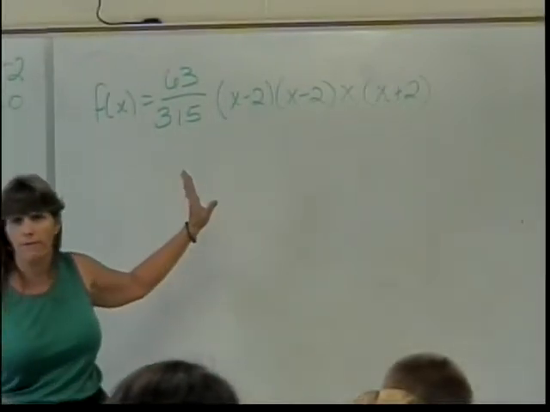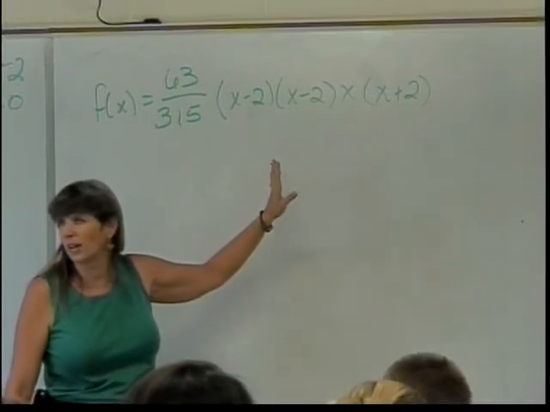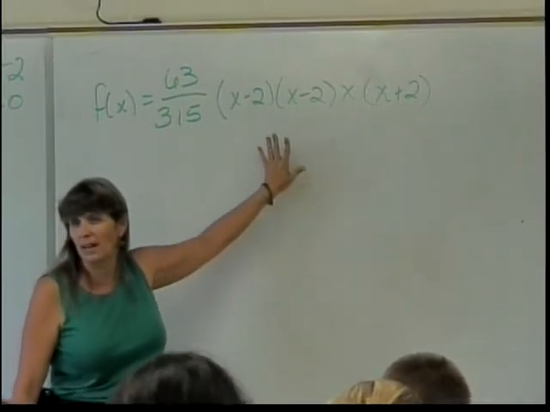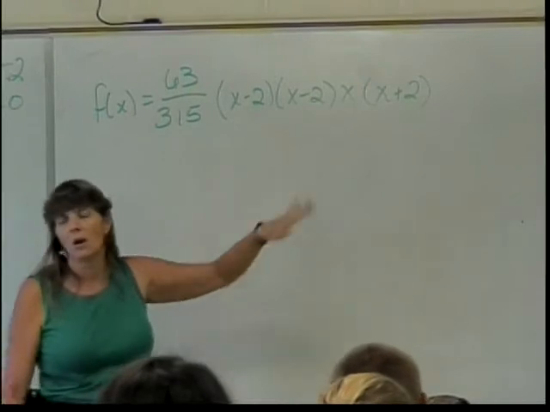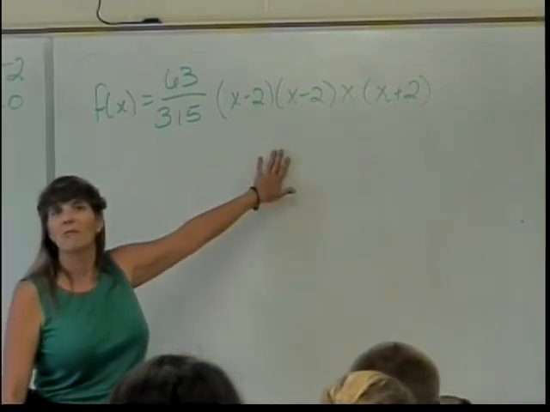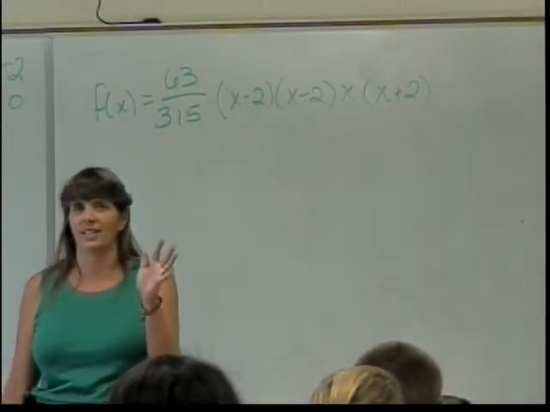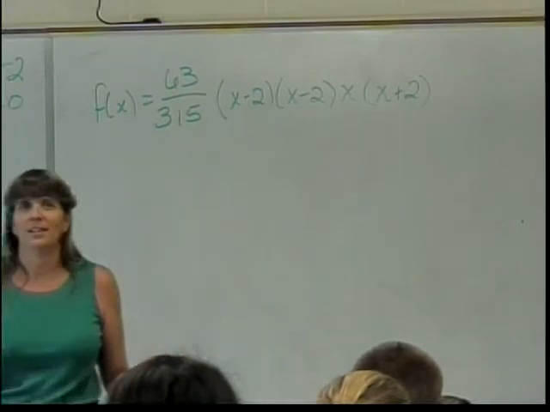If you really feel like multiplying them out, you can. I wouldn't recommend it, that's way more work than you need to do. Factored is a whole lot easier for everybody, especially me and Jared, when it comes time to grade it. If we can see it factored, we can know that you did it right. If you multiply it all out, we're going, no, please don't make me look at that.